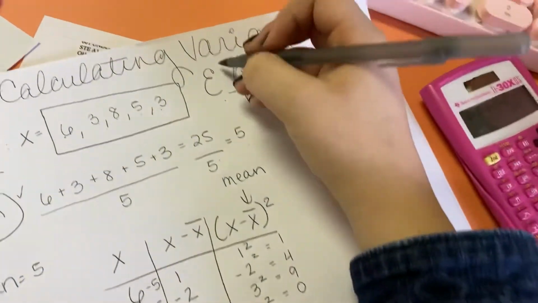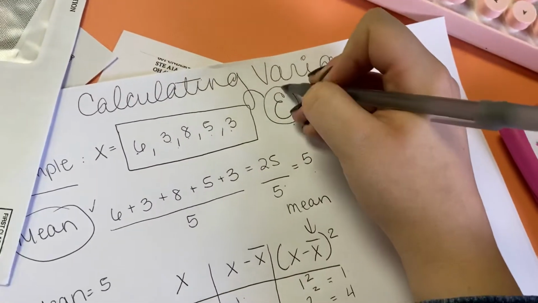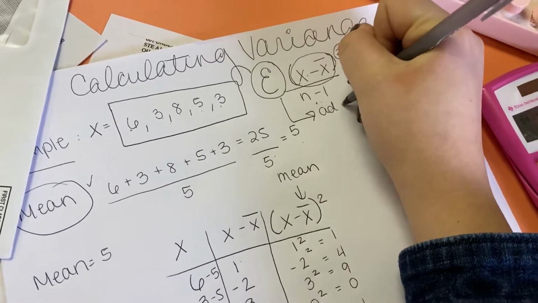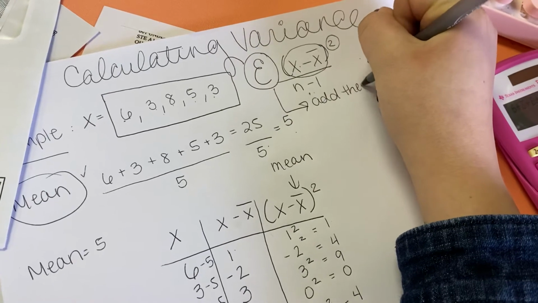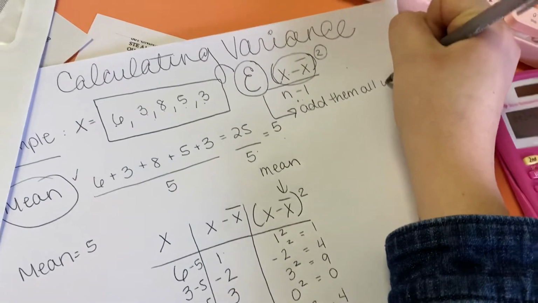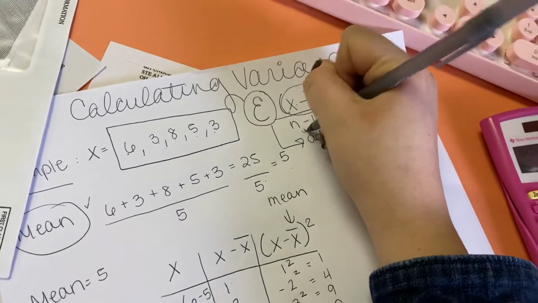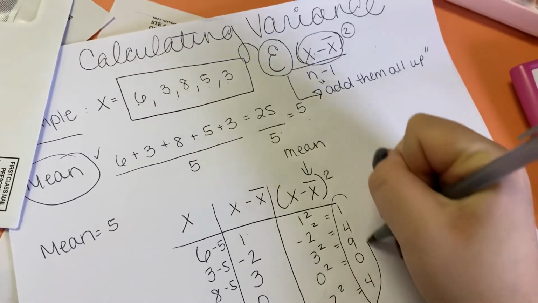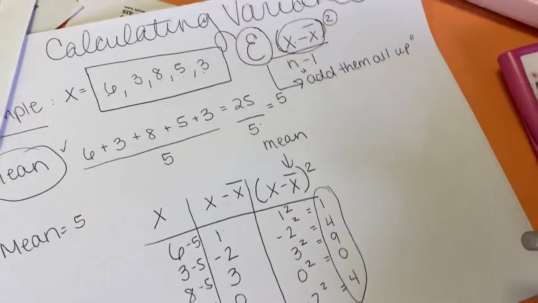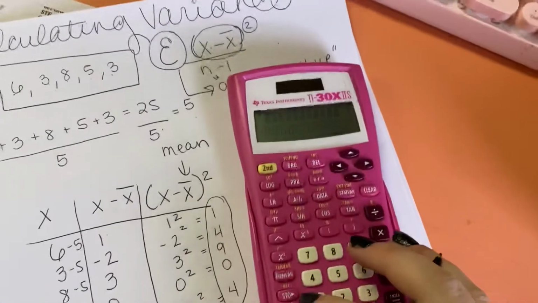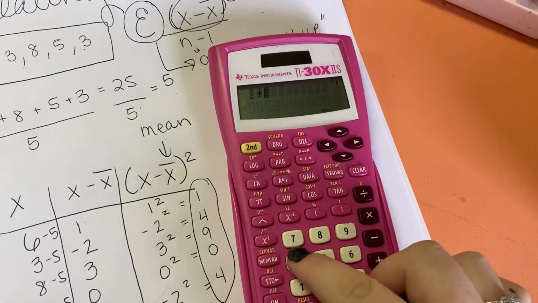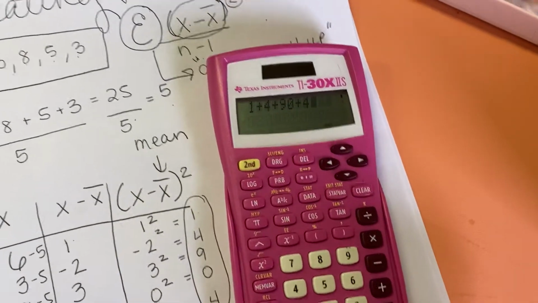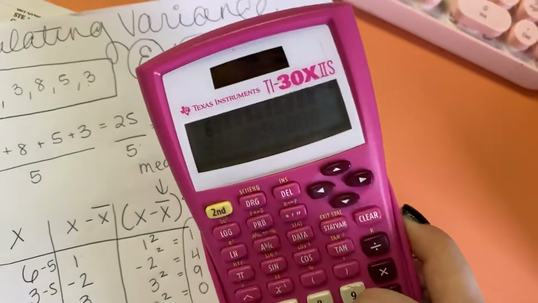Now we have to fulfill this part, sigma, which means to add them all up. So we're going to add each of these values together, which I'll just plug into my calculator again. 1 plus 4 plus 9 plus 0 plus 4 equals, oops, I pressed something.